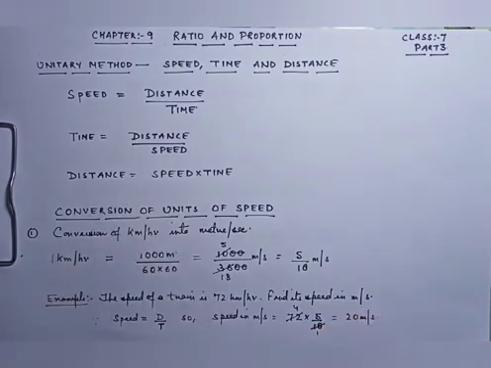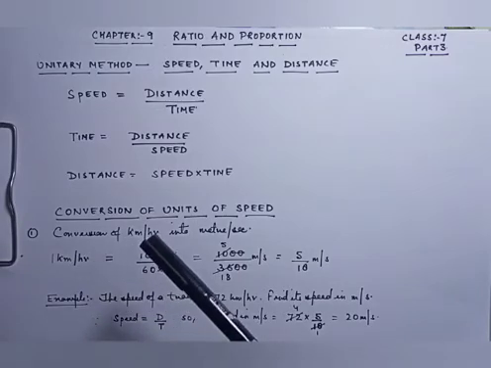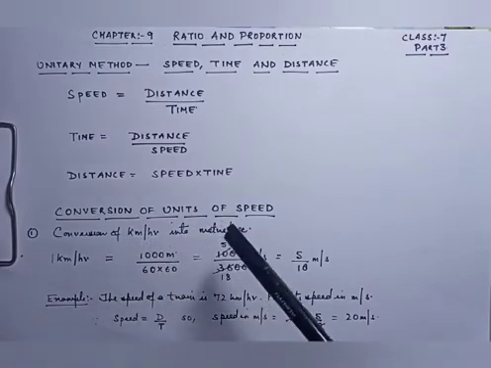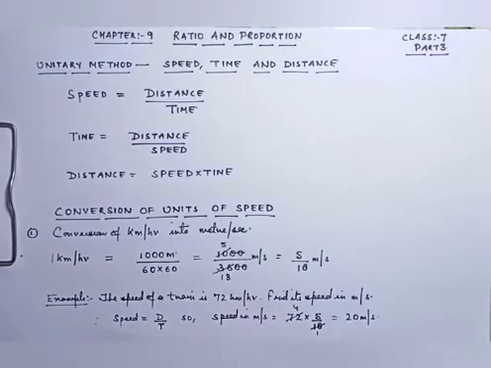Let us see some conversion of units of speed. The first is conversion of kilometer per hour into meter per second. As we all know, 1 kilometer per hour is equal to 1000 meter upon 60 into 60 second.